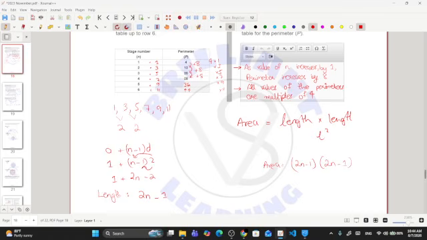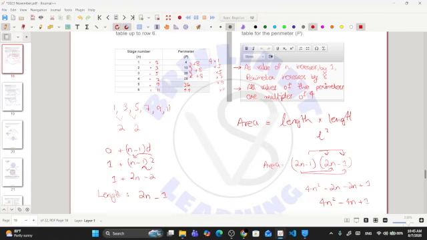Let's have a look. 2n multiplied by 2n gives me 4n squared. 2n multiplied by negative 1 gives me negative 2n. Negative 1 multiplied by 2n gives me negative 2n. And minus 1 multiplied by minus 1 gives me positive 1. So we have 4n squared minus 4n plus 1.